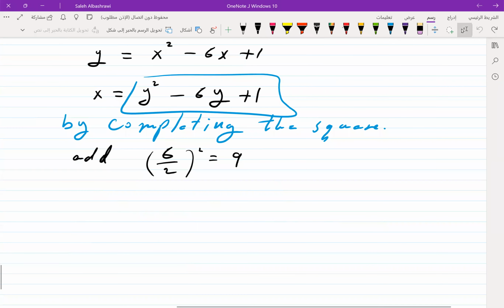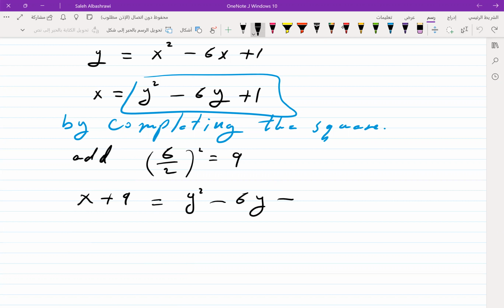So I will have x plus 9 on the left-hand side, equal to y squared minus 6y plus 9 plus 1. So I have x plus 9 equal to y squared minus 6y plus 9 plus 1.